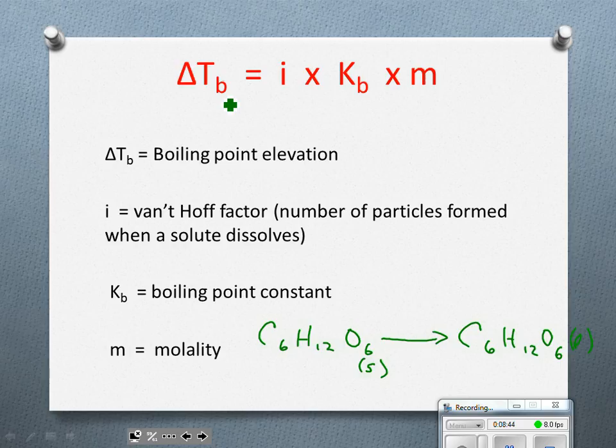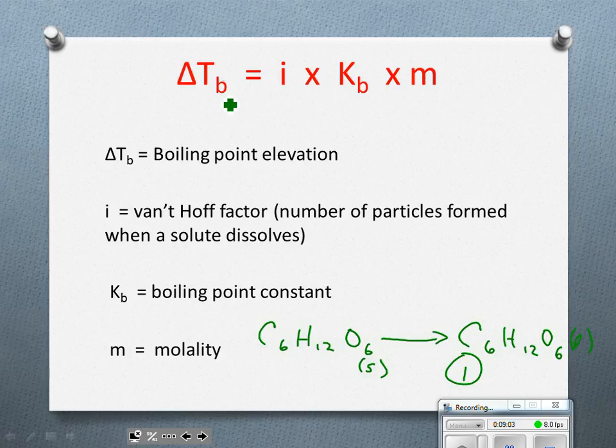So when I have something that is molecularly bonded, what is Van Hoff's factor going to be? 1. So anytime I'm dealing with molecular bonding, Van Hoff's factor is 1.